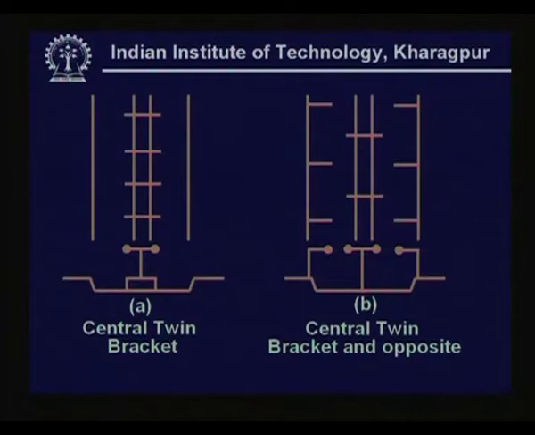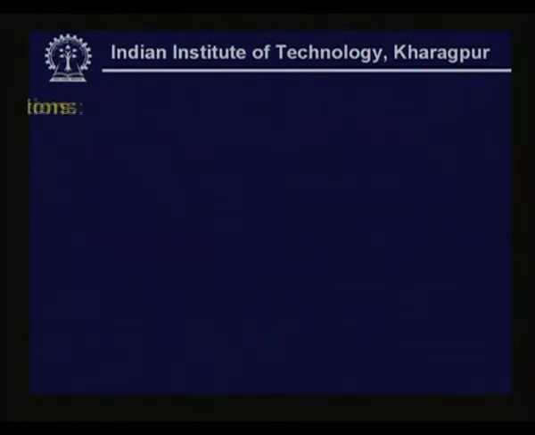But for roads with multi lanes and separators, lamps can be located on the separator with what we call central twin bracket. Here again, depending on the lane width, there could be just lamps located on the separator or with opposite lamps. Though we have shown the separator with a staggered arrangement for opposite lamps, it could be similar to the single lane kind of arrangement.